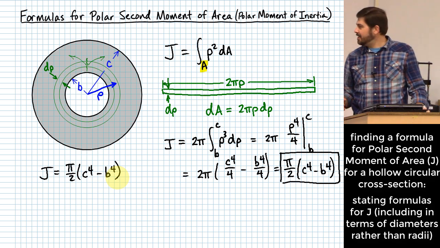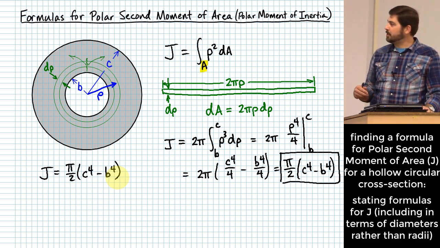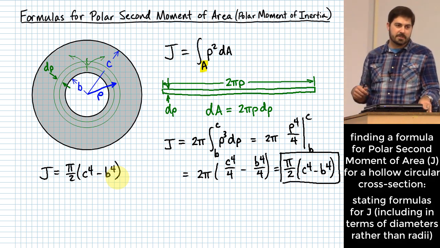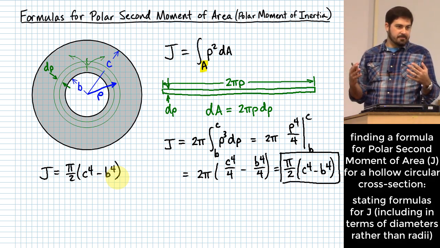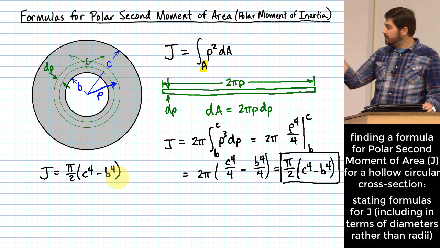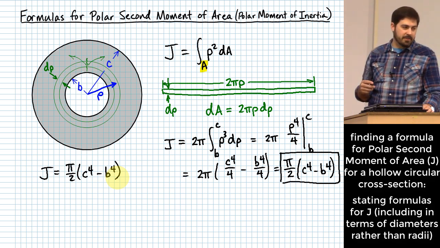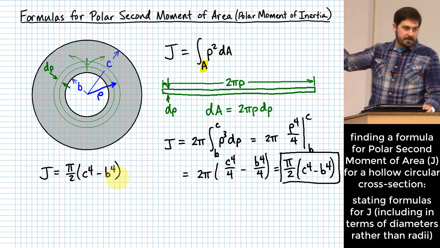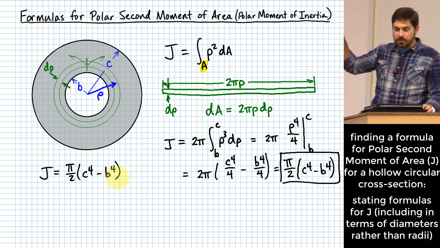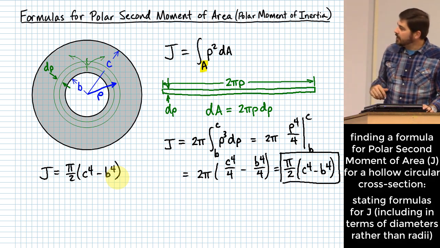He basically said he thought you were going to see this in the reference material. This is not one that shows up in the reference material. The reason why, we are only doing circular cross sections. So we will only ever have this as our way of calculating J. Okay? Now, there are a few little variations that are equivalent to this, but this is really the only one that you really need.